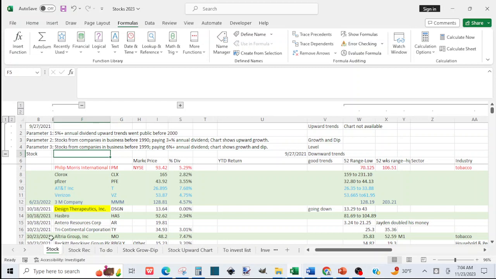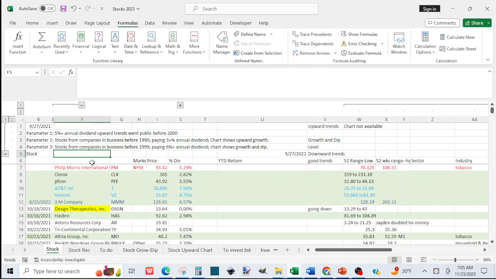You will have one tab that you can just label stocks, and that's where you enter manually all the good stocks that you are interested in investing in. So you label multiple columns in the spreadsheet.